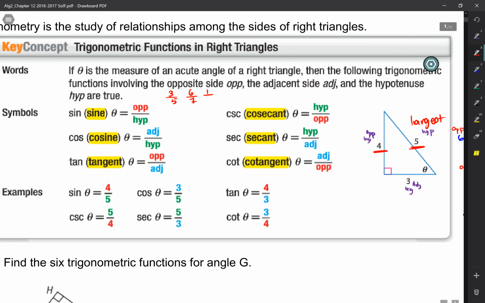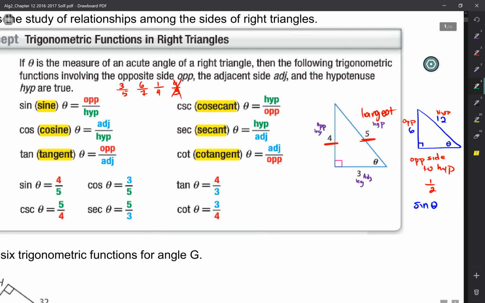It might look like 1 over 4. Can it look like 4 over 3? No. Can it look like 5 over 2? No. So then what do we know about the value of it? Would it be greater than 1, less than 1, or equal to 1? It's always going to be less than 1. Okay? What about the cosine?